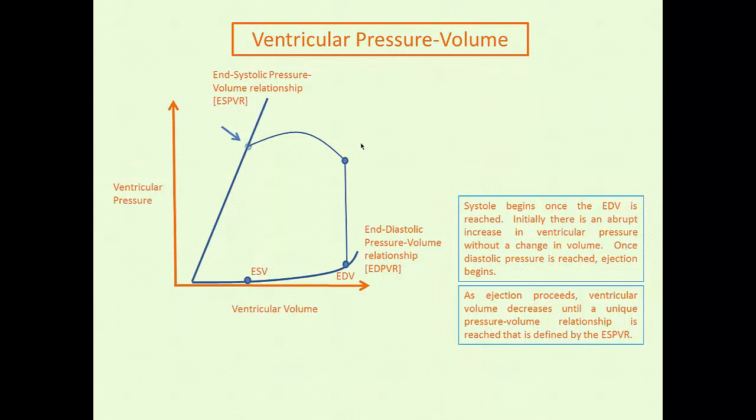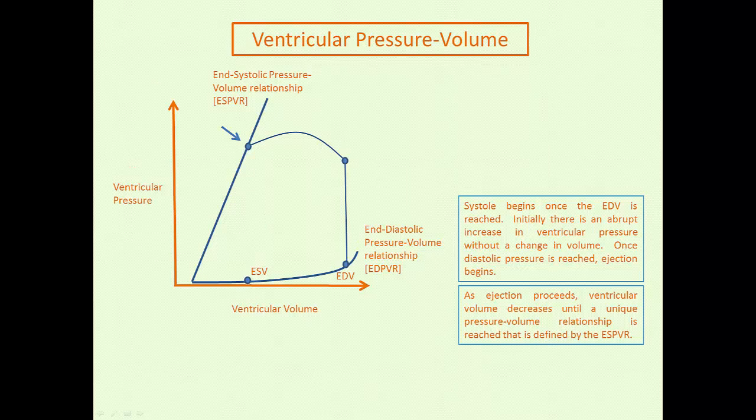Now you can see that volume is decreasing and pressure is increasing along this line as blood is ejected from the ventricle into the aorta. Then you reach the end systolic pressure-volume relationship, and this curve is a graphical representation of the ventricular pressure-volume relationship at maximal activation during systole.